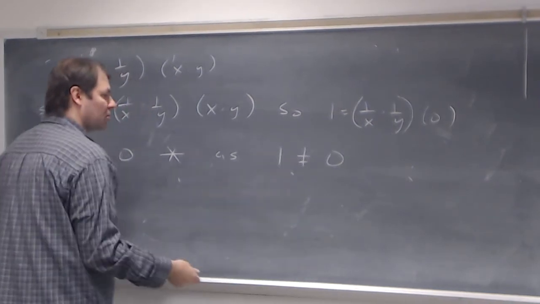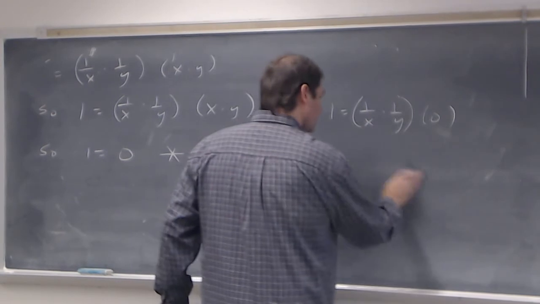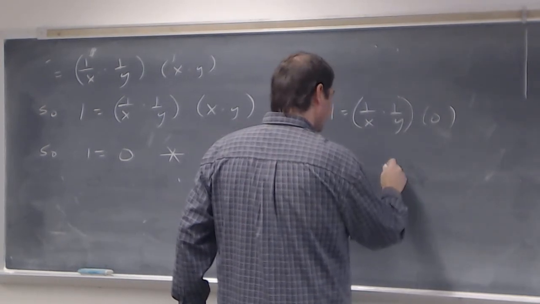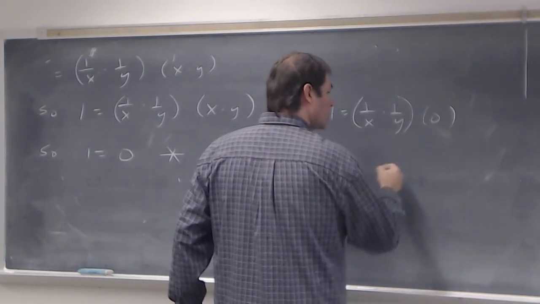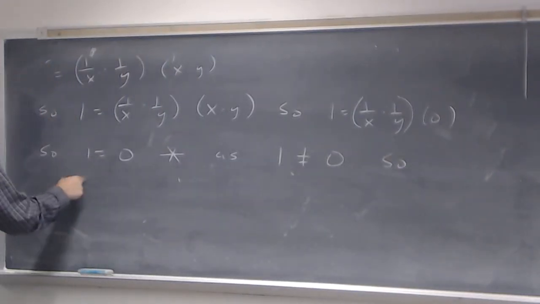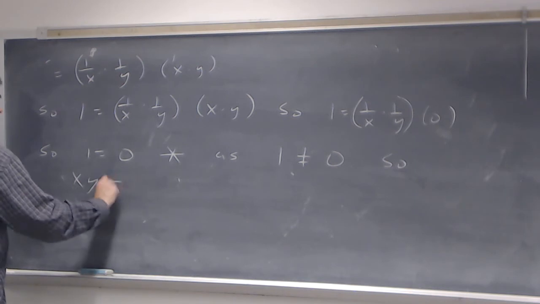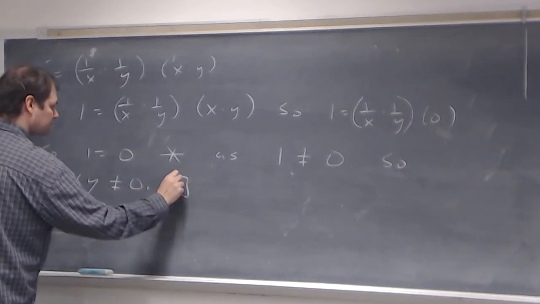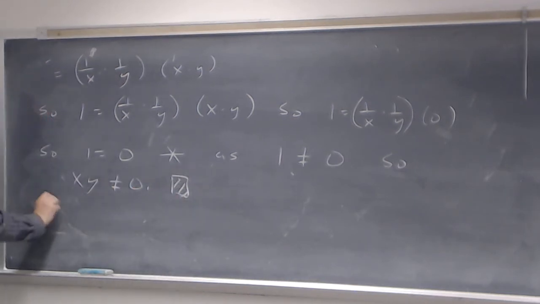Since 1 is not 0, what we assumed must be wrong. So x times y can't be 0. That's what I'll conclude. So remember, this was a proof by contradiction.